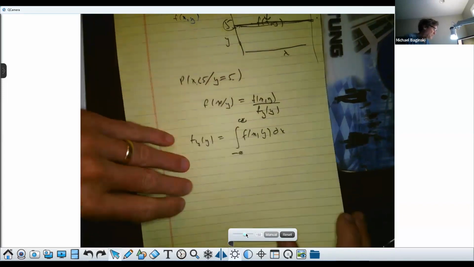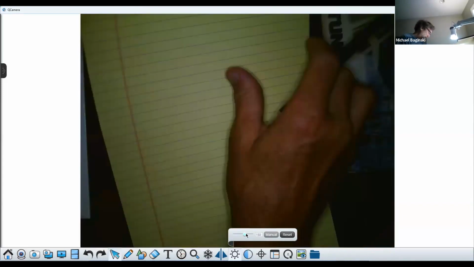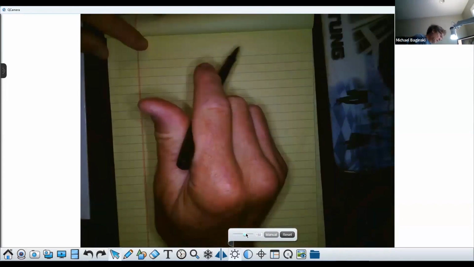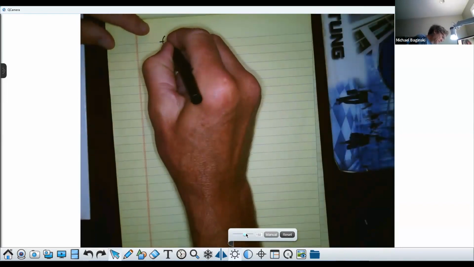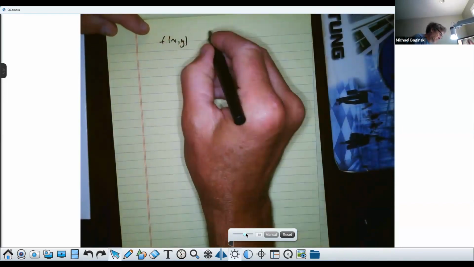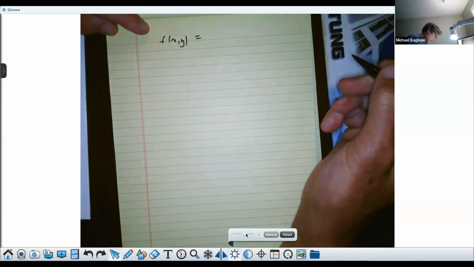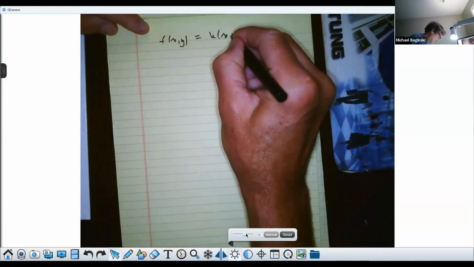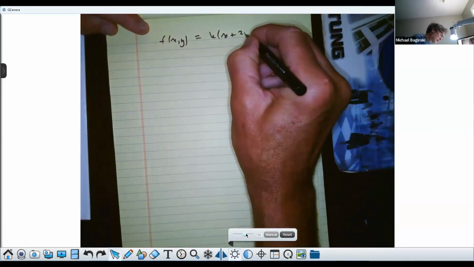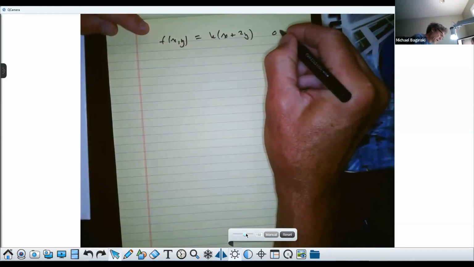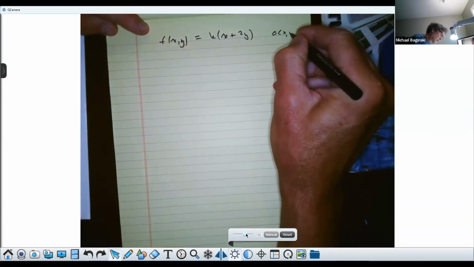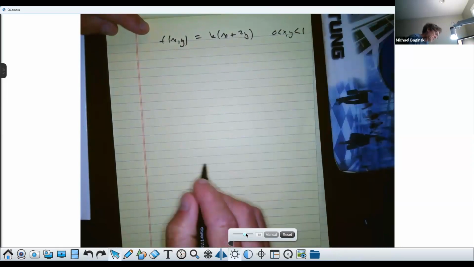Let's go through this as simply as possible. So I have f of x comma y equal to k times (x plus 2y), for x and y both between 0 and 1, and 0 elsewhere.